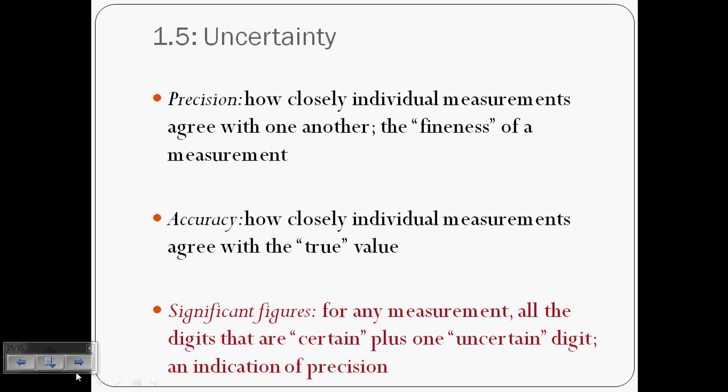I'll say that my measurement is very precise because the spread of my measurement is rather narrow. But am I accurate? Am I close to my real value? No. So accuracy is when your measurement is close to your actual value, and precision is when the spread of the measurement is not too much.